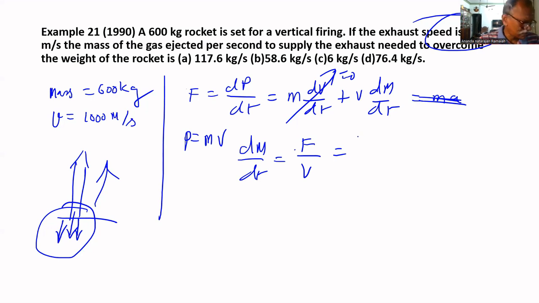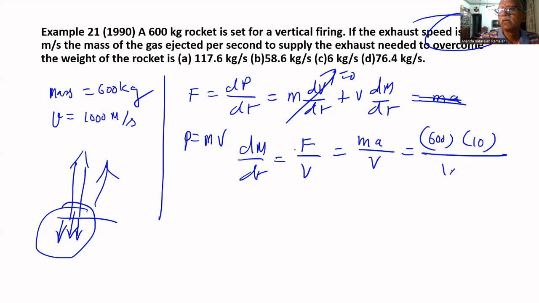Against gravity it's going, so we can substitute F as mass into acceleration instead of F divided by V. That is equal to mass 600, acceleration 10, divided by V 1000. Therefore, that is 6 kg per second. Therefore, C is the answer.